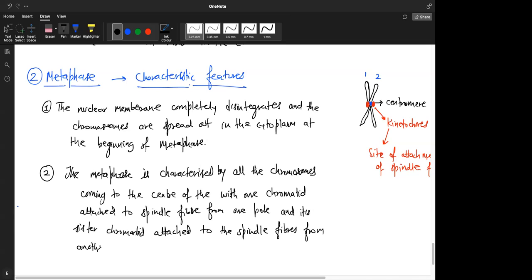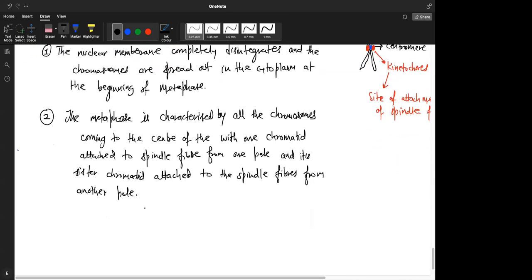Is this clear? So pay attention to the details here, because this is the area for questions. And this is known as the metaphase plate. So this is referred to as formation of metaphase plate.